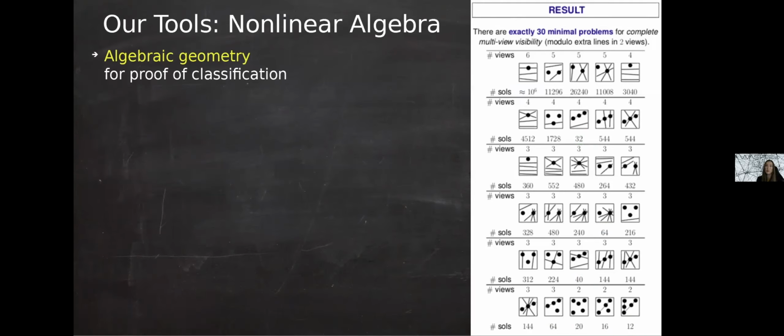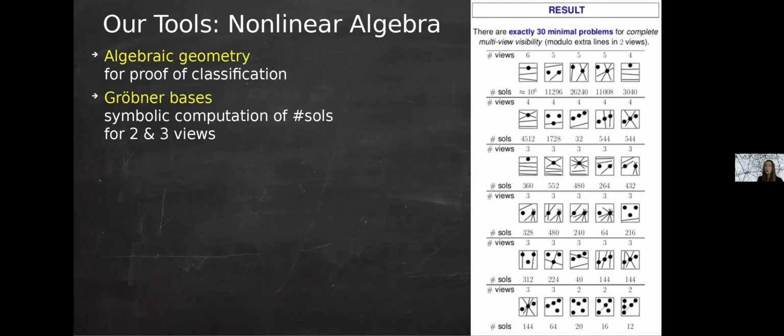Now let me tell you a little bit about the tools that we used. We derived and improved this catalog using algebraic geometry, which, as I said before, is what I do. Then to compute the number of solutions, we used Gröbner bases, which are symbolic computation techniques that are standard in algebraic geometry and commutative algebra. However, this only worked with a reasonable use of memory for problems with 2 or 3 images.